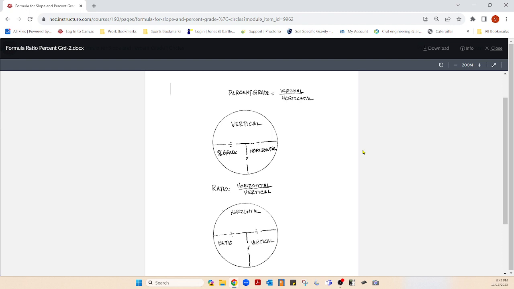So the reason these circles make it easy for us to take this formula, let's start with this formula, percent grade. If I have the vertical and I have the horizontal, that's easy. But what if I have the percent grade and the vertical and I need to find the horizontal?